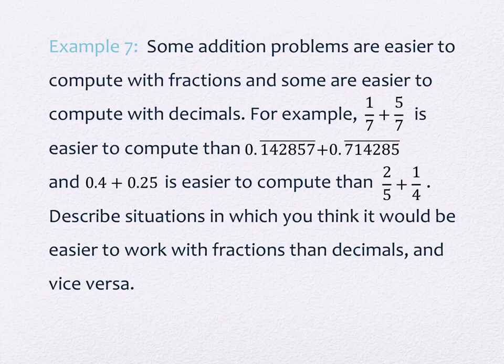Those are not friendly to calculate decimals with, right? I don't want to do that. But if you think about 0.4 and 0.25 added together, that one's easier in decimal form than the 2/5 and the 1/4 that are added together. It's maybe not quite as atrocious as the repeating decimal calculation, but it's still easier with the decimals.